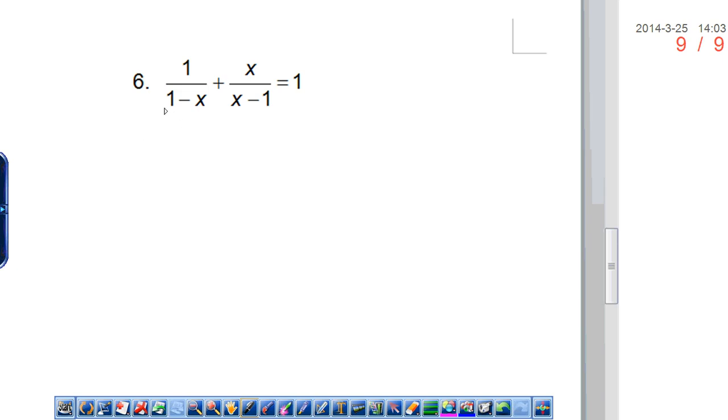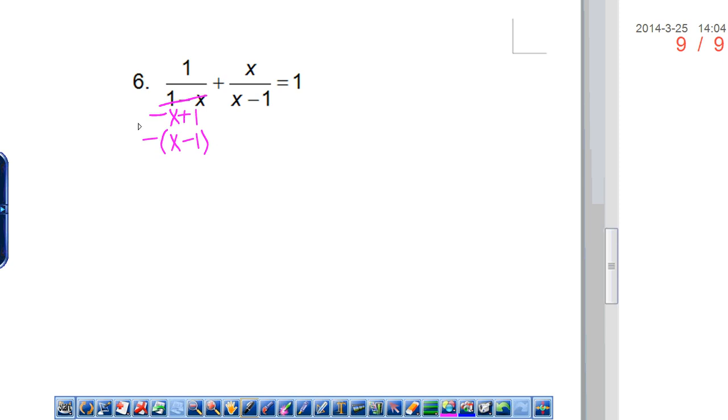So I can think of it as negative x plus 1, and then I can pull out my negative. Can you make it 1 over 1 minus x minus x over 1 minus x? Say that one more time. 1 over 1 minus x over 1 minus x. Yep, you could do that too.